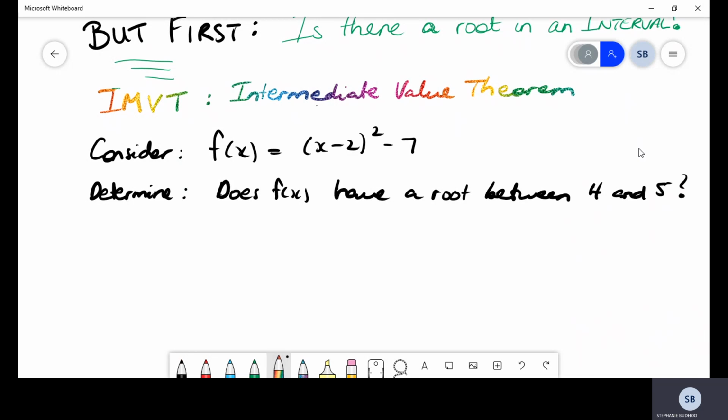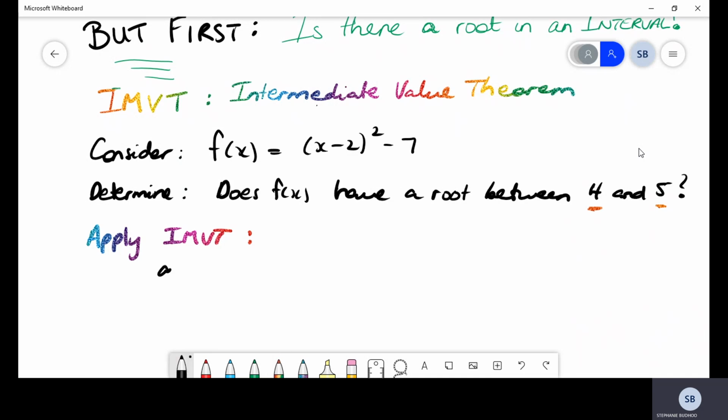Now, how do we apply the IMVT? Applying the intermediate value theorem, or IMVT for short, what we would first do is find the values of the function at these interval endpoints.